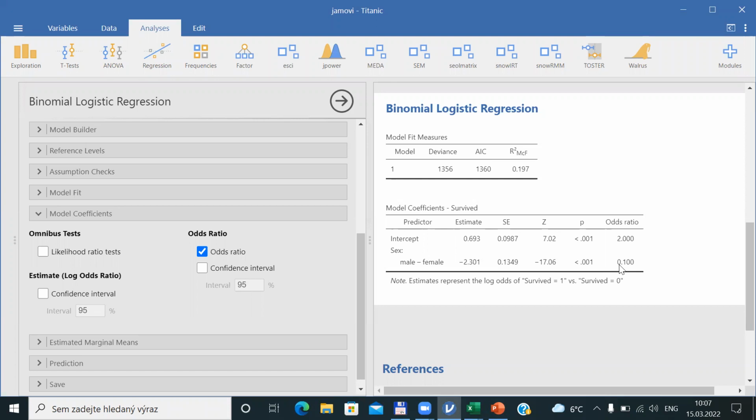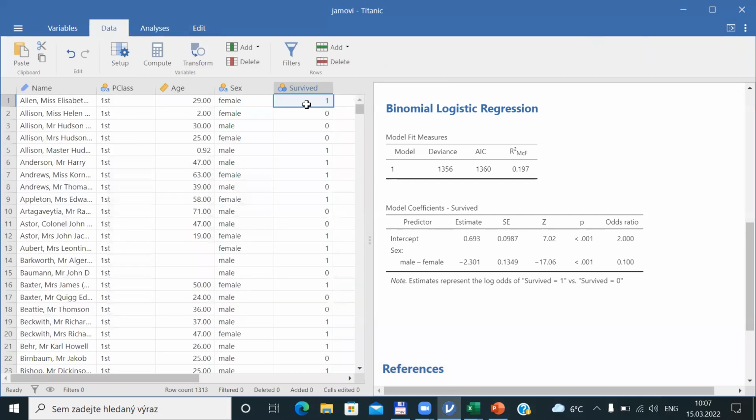And once again, for odds and odds ratios, we usually prefer not to interpret values below 1 but above 1. So you can do it alone, so you can reverse or inverse this value and reverse the interpretation, or you can also go back into the data matrix, and for simplicity, change the coding of this survive variable.